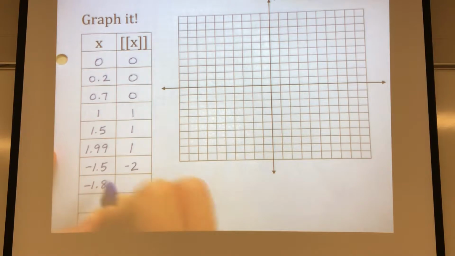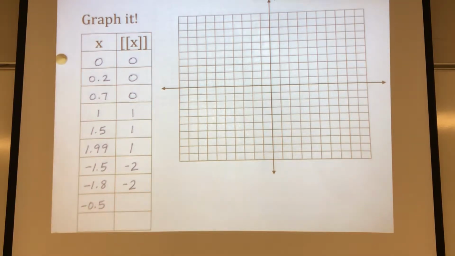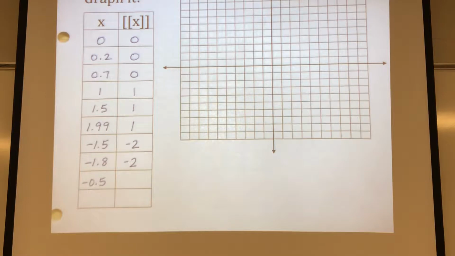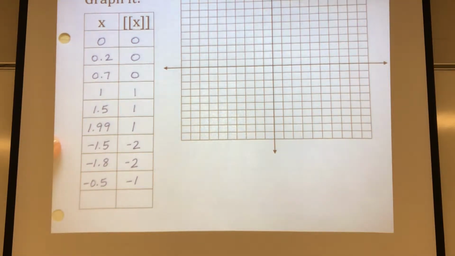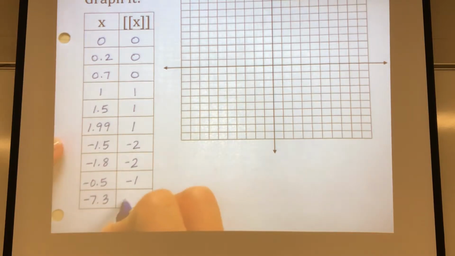Negative 1.8, also negative 2. Negative 0.5, what integer is less than or equal to negative 0.5? Negative 1. Okay, and then just some crazy random negative number, negative 7.3. The integer that would be less than that would be negative 8.